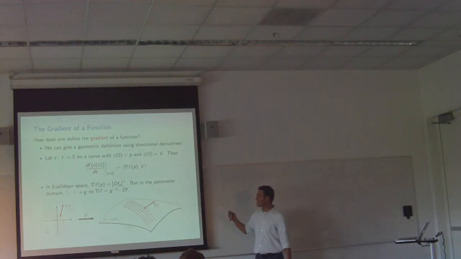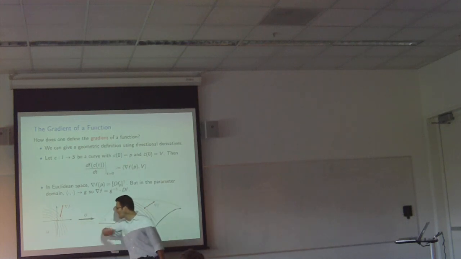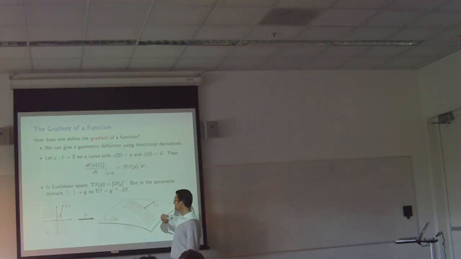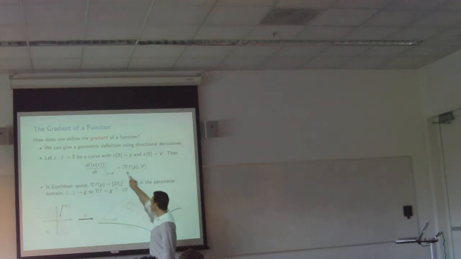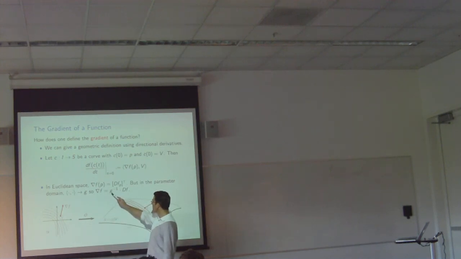Again, I'll explain why the inverse of the matrix keeps showing up all the time. But here's a first clue why it's happening: orthogonality in the parameter domain doesn't mean what you think it means. So in order to have a vector for which this formula is true, in the parameter domain where the metric governing things is g, this is the formula for the gradient.